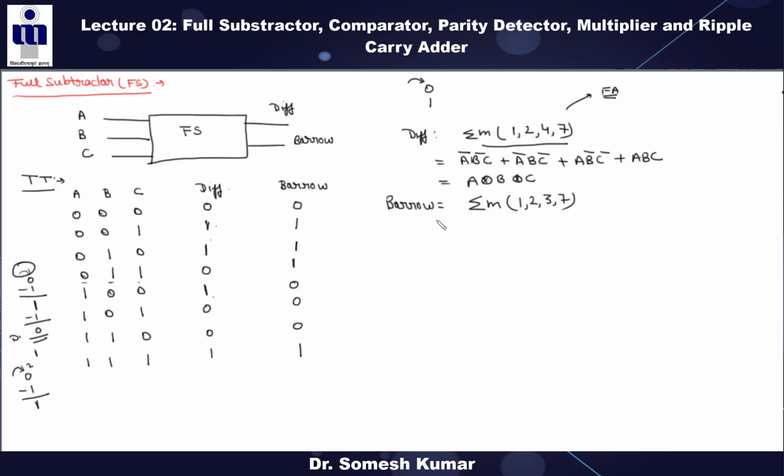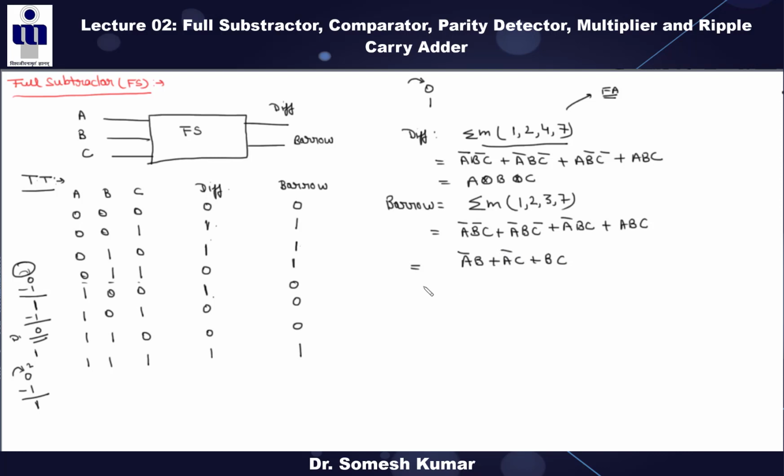So I can write down 1 as A bar B bar C, then 2, 3, and 7. You can also solve this borrow using the K-map. Here I am directly solving this. If you solve this, then you will get A bar B plus A bar C plus BC.